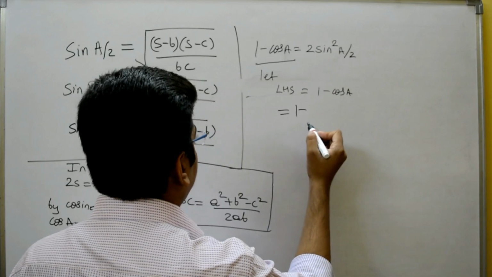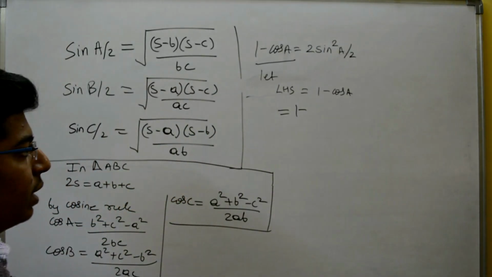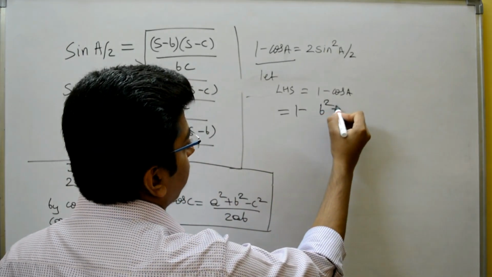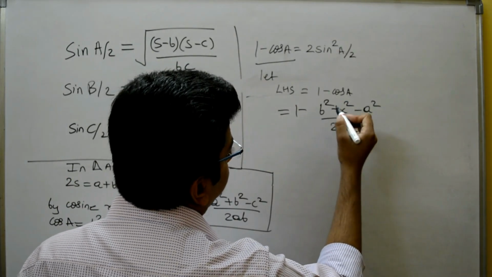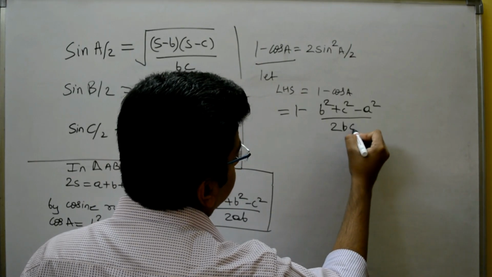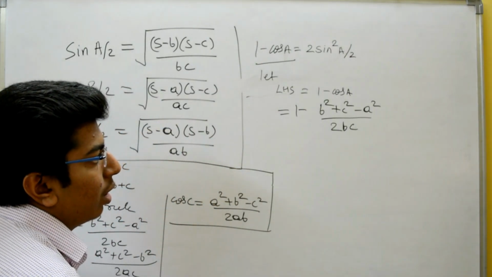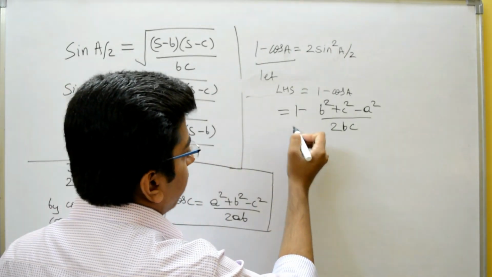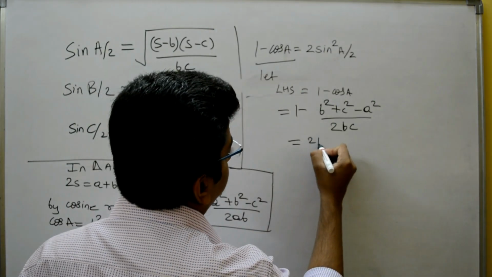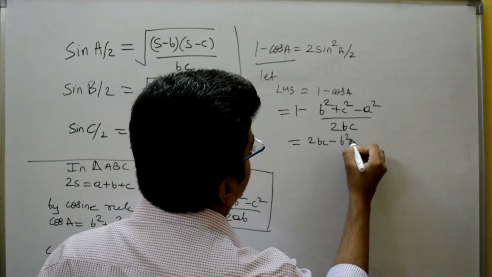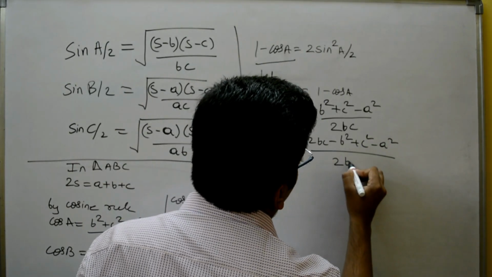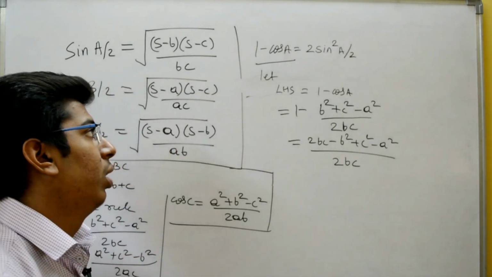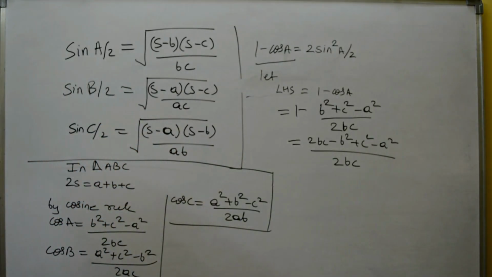So 1 minus b square plus c square minus a square upon 2bc. So multiply: 2bc minus b square plus c square minus a square upon 2bc. Up to here, any doubt?